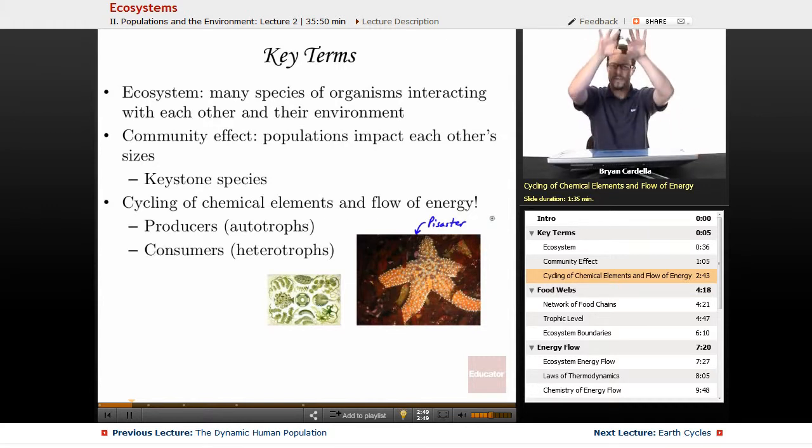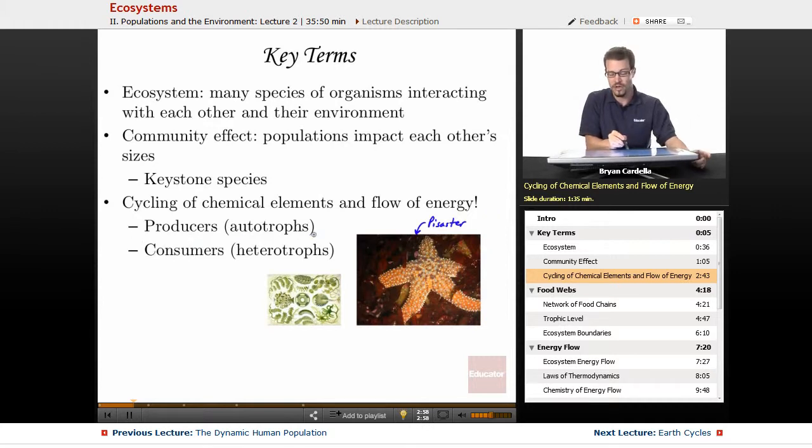So with ecosystems, you have a cycling of chemical elements and a flow of energy from the bottom all the way up to the top, and it goes back. So we'll talk about autotrophs, heterotrophs, producers and consumers. Producers, also known as autotrophs, are responsible for getting energy into the system. Most often on Earth, we're talking about organisms that absorb sunlight and do photosynthesis to create organic compounds. But you even have what are called chemoautotrophs, instead of the photoautotrophs, which use light.